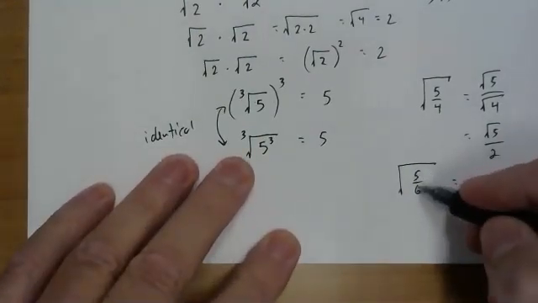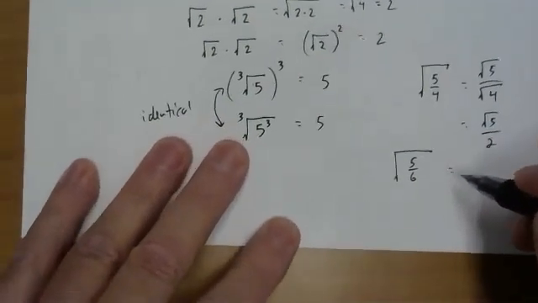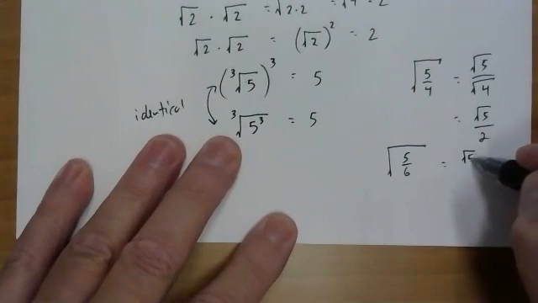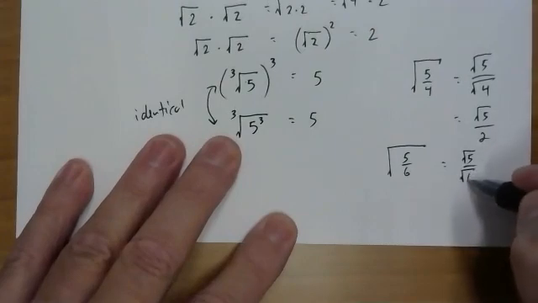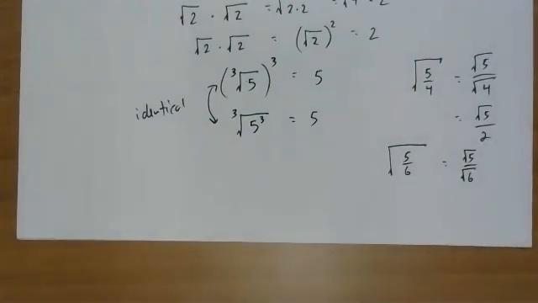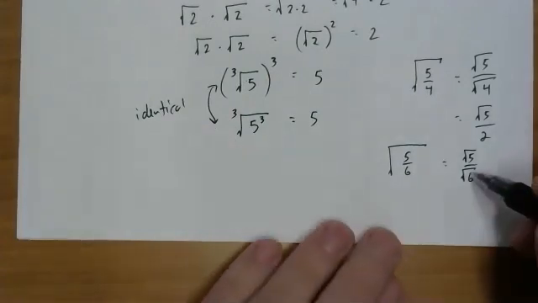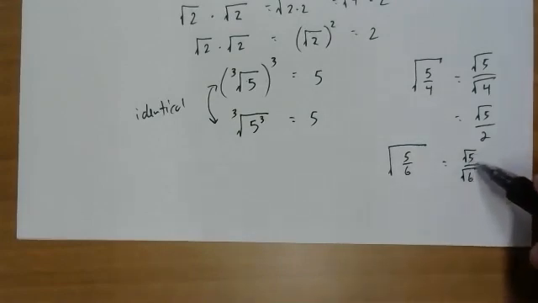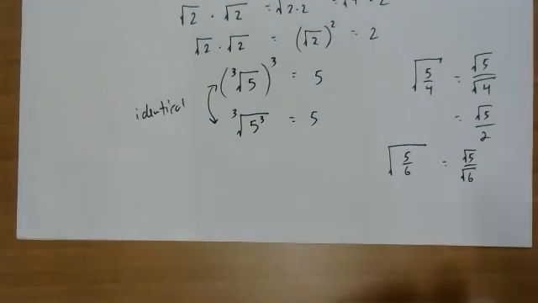In order to simplify, I need to simplify this. This is not really in a form they want me to leave it in. So normally, one of the ways you can simplify it is you go and break it up into separate square roots. Now the problem is the square root of 6 in the bottom. That's what they don't like. Now here, this becomes a problem of rationalizing the denominator, which is another topic.